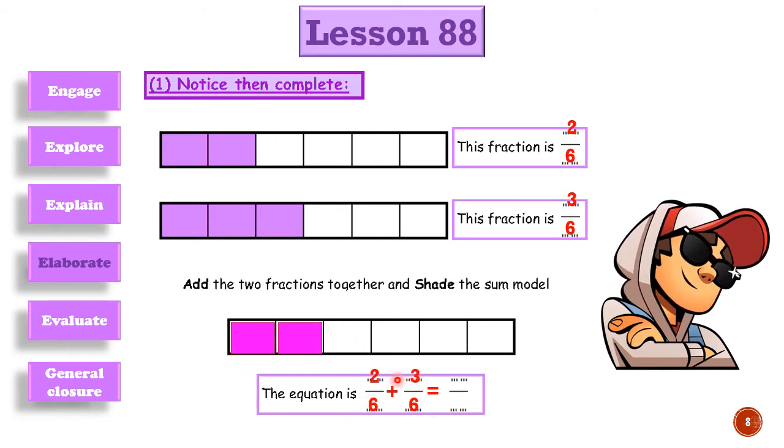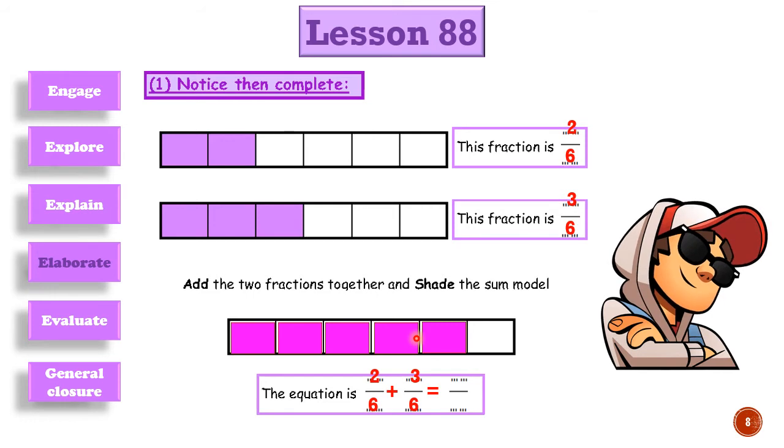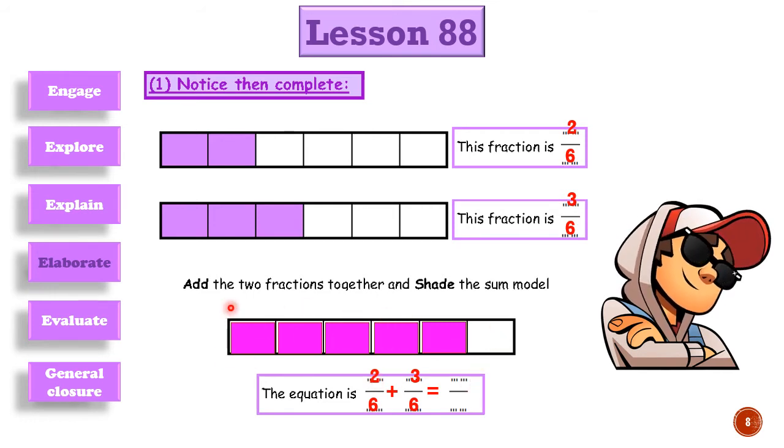Second fraction is 3 sixths, so I will color 3 parts only out of 6. Then the sum of these two models will be 1, 2, 3, 4, 5: 5 colored parts out of 6. It will be like this, 5 sixths.